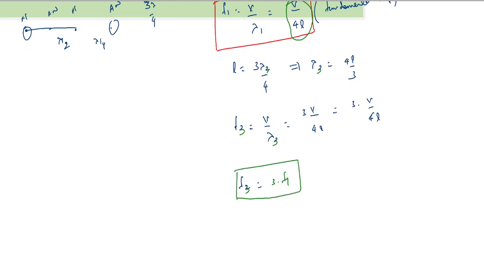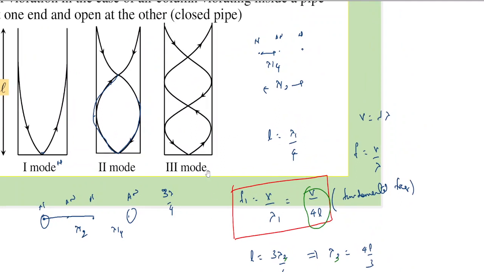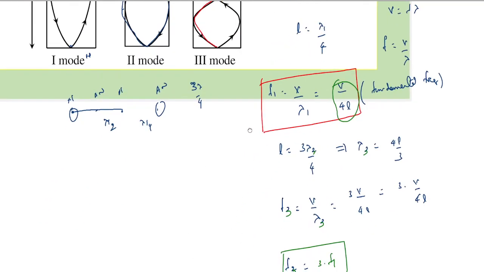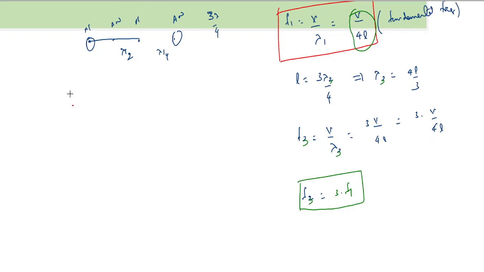Similarly, if we look at the next case, we'll have a complete wave plus a quarter of a wave, because the open end is always an antinode. Just to recap: the first case is a node, then an antinode, giving frequency f1. The next case is a node, antinode, node, antinode, where the length is 3/4 of this wavelength, so if you call it lambda 3, it is 3 lambda 3 by 4.